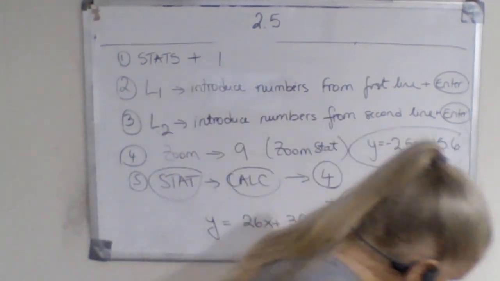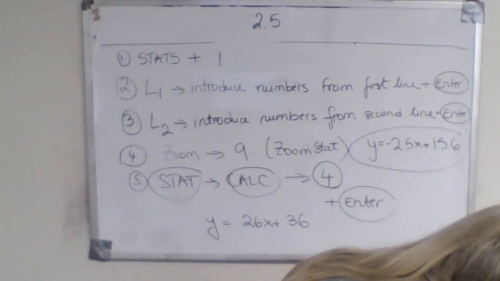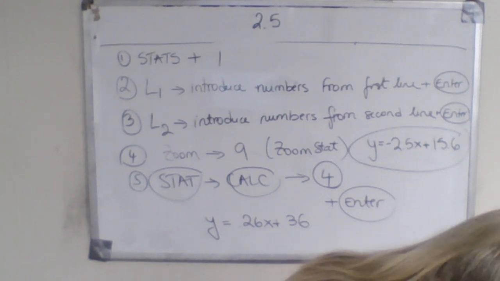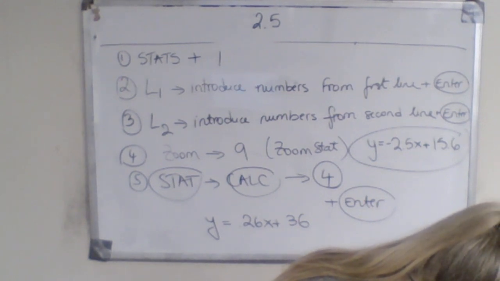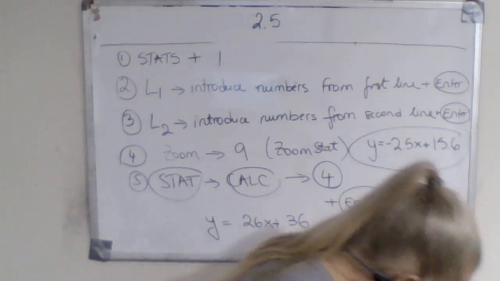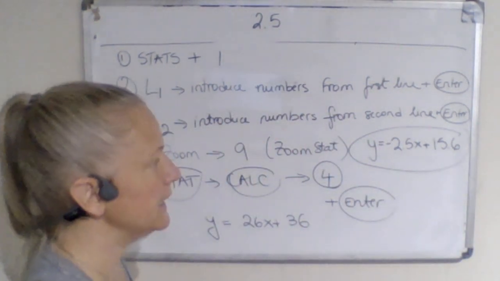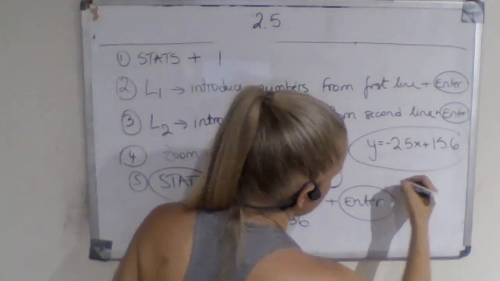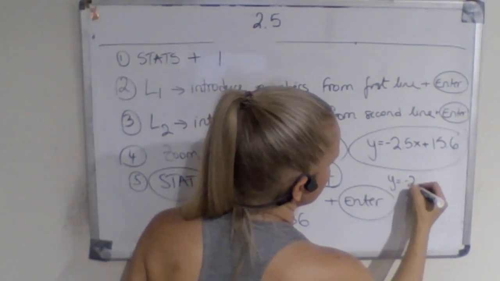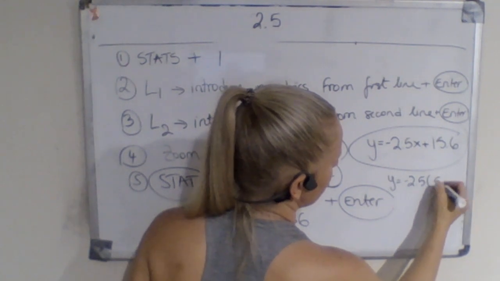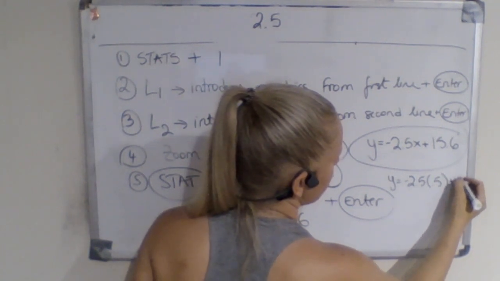For B, it's asking us to use that fitting line to estimate the number of hours that a 6-month-old infant sleeps per day. So my t is 6 months or 0.5 of a year, right? t is in years. So this becomes y equals negative 2.5 times 0.5 plus 15.6.